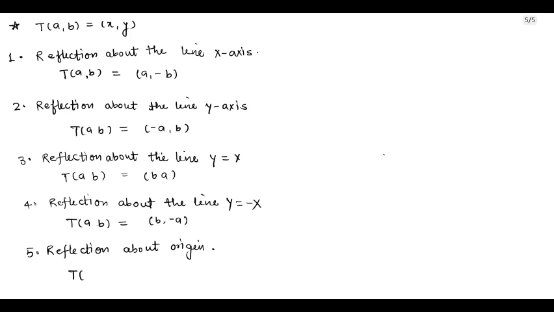Reflection about origin. T of (a,b) is equal to (minus a, minus b), right? This will be it, won't it? Tell me, or won't it? Sir, at the origin it is 0 0. No, at the origin it is 0 0, you have to assume the origin as a mirror. Take some point, then this is a mirror.